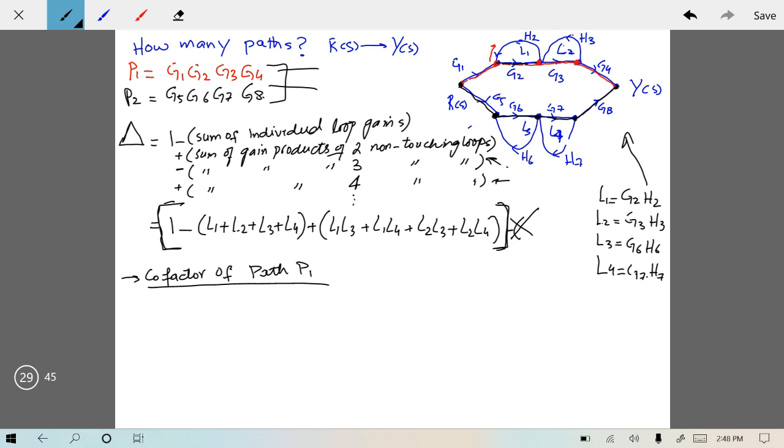To find the cofactor of path P1, simply put all the loop gains that are coming into this path equal to 0. For example, how many loops are there in path P1? While moving from R of S to Y of S on path P1, we encounter two loops, L1 and L2.